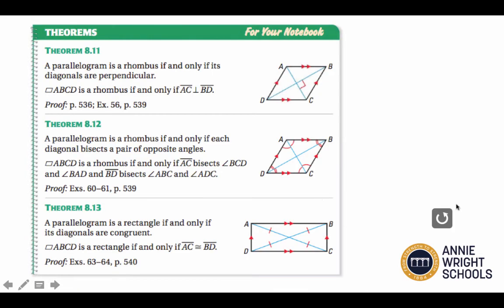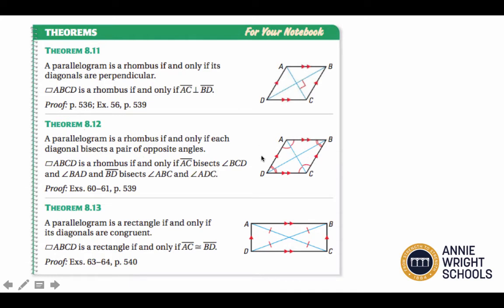Now some interesting properties of rectangles and rhombi. Something is a rhombus if and only if its diagonals are perpendicular. So that means if you have a rhombus, you know the diagonals are perpendicular. If you have diagonals that are perpendicular, you know it's a rhombus. If you know it's a rhombus, you know it's a parallelogram.